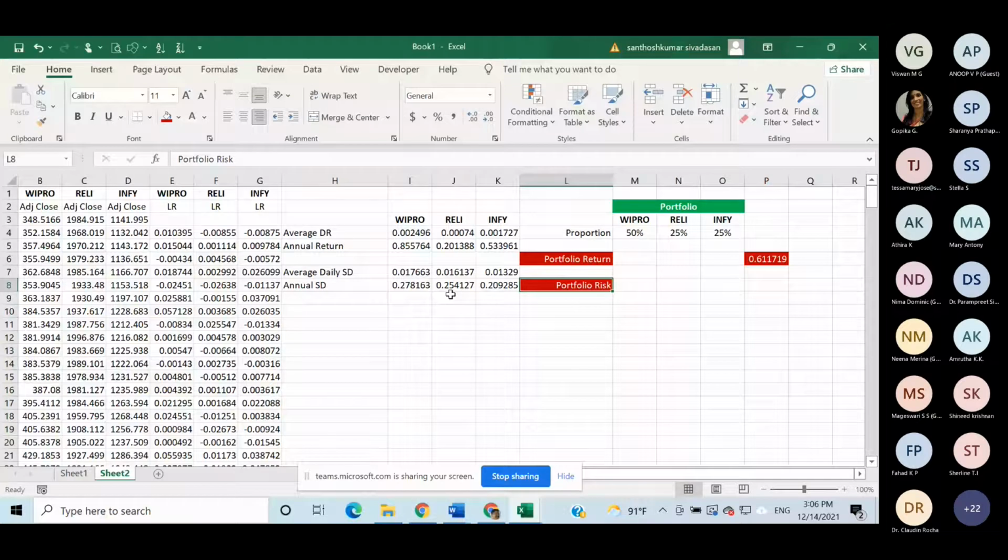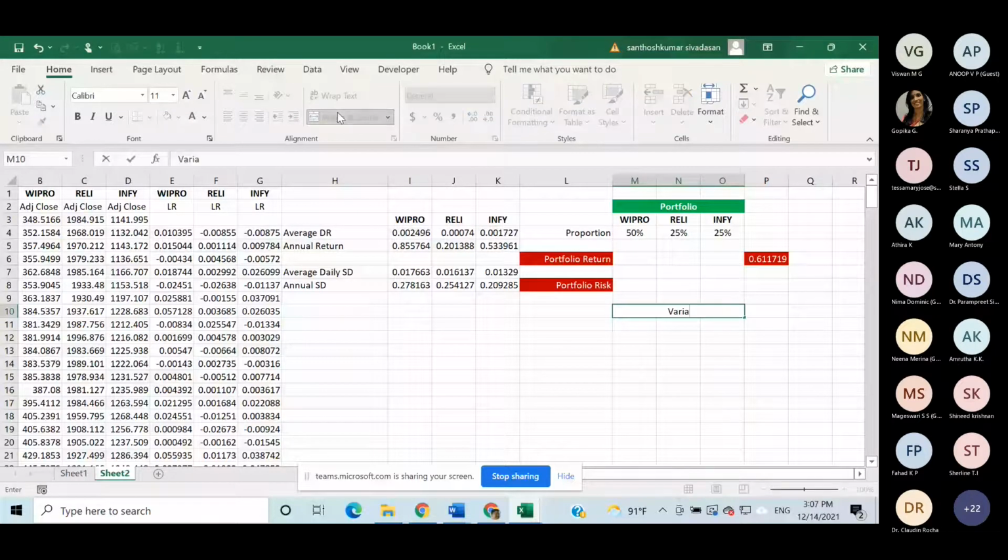You have to make a variance covariance matrix. So I am merging this variance, better call it covariance variance matrix.